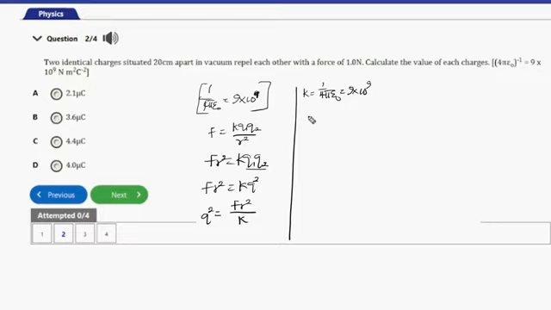R here is 20 cm, and 20 cm is 20 over 100, which is 0.2 meters. Our force is given to be 1 Newton. So we'll have 1 Newton times 0.2 to the power of 2 over 9 times 10 to the power of 9.